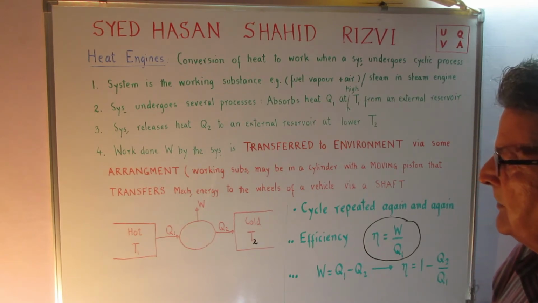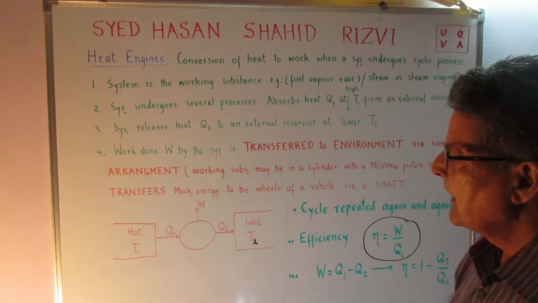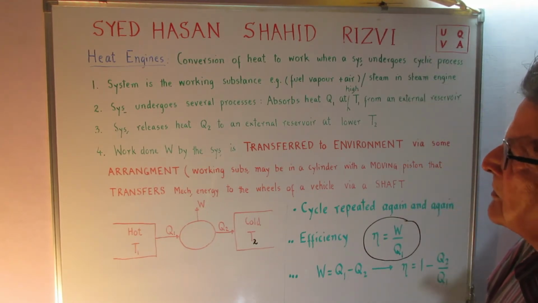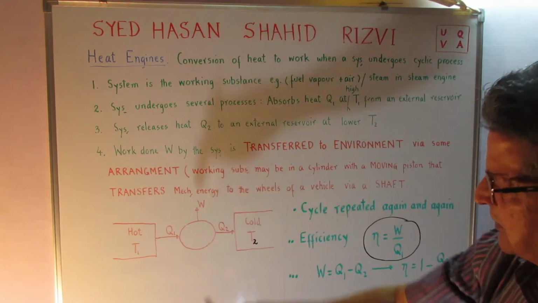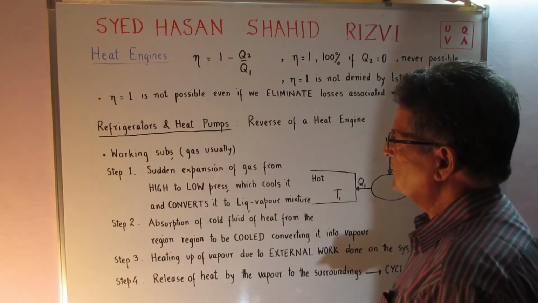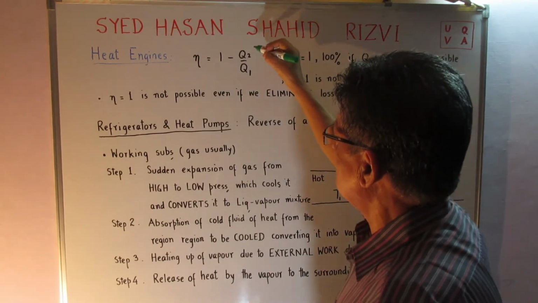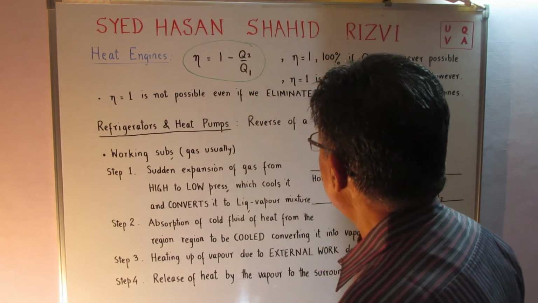And that is why there are some cycles and some discussions that are going to follow in the heat engines. So the efficiency of the heat engine, eta, is equal to 1 minus Q2 upon Q1.